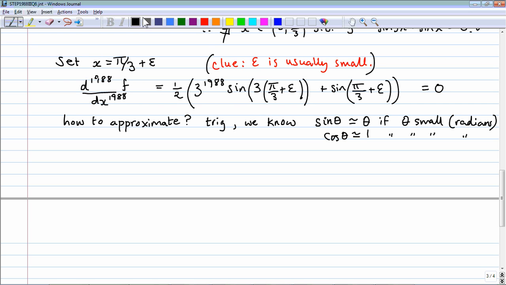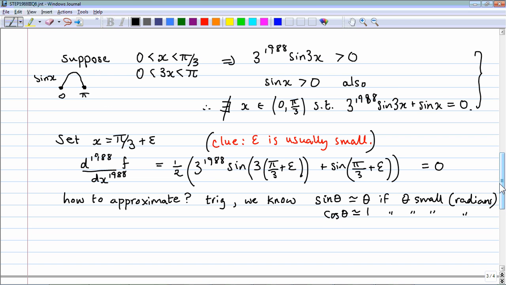It's a bit of a strange way to do things, but you could also argue that just from looking at the equation and thinking about its structure, that because of this very large number 3 to the 1988, this term is dominant, the left-hand side term is dominant, which means that the answer we're looking for must be very close to the 0 of sine 3x, and the 0 of sine 3x is pi over 3.